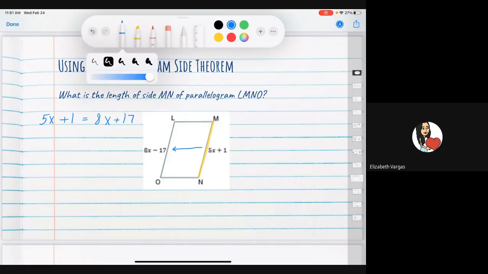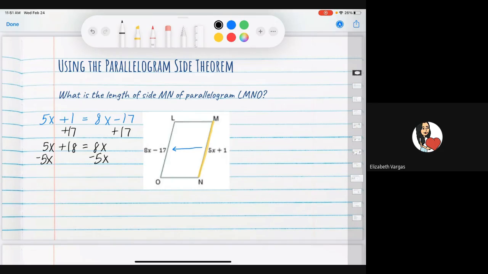Solve for x. This is a subtraction. So 8x minus 5x, and 18 equals 3x.